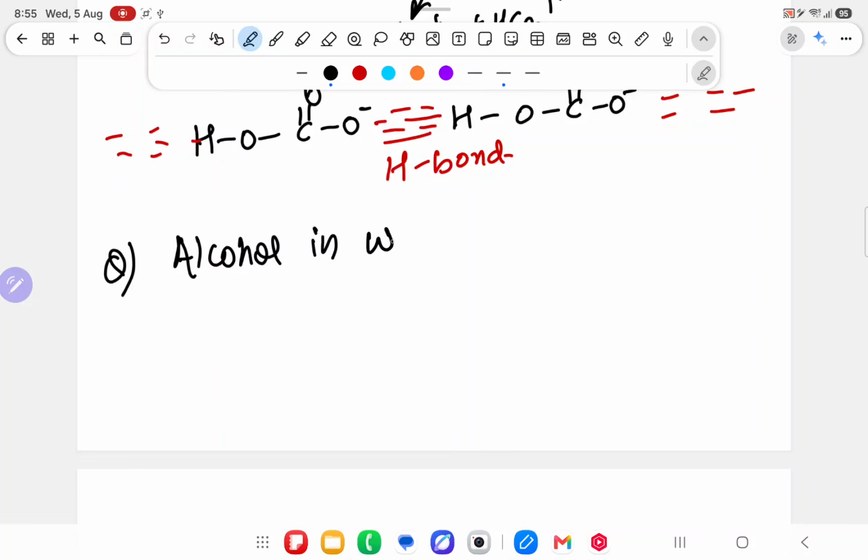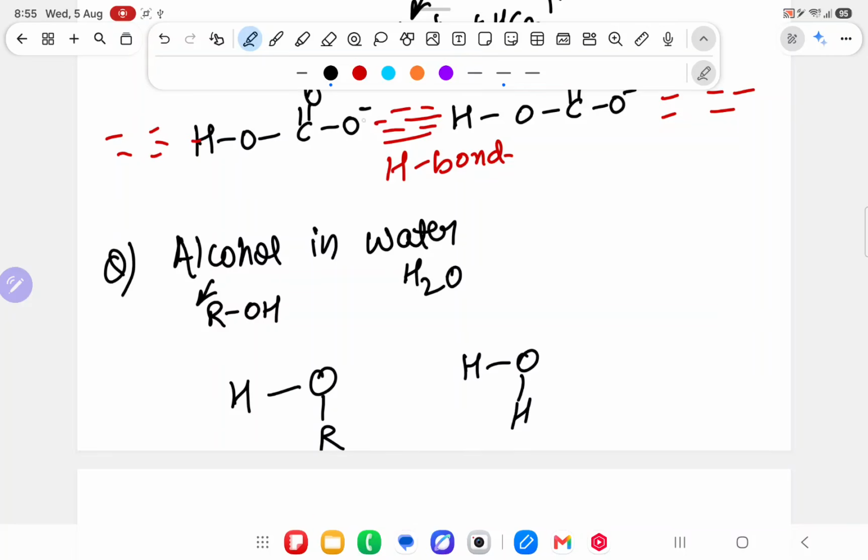Alcohol in water. Alcohol has a formula ROH, and water has a formula H2O. What happened? O, one side R, one side H, over here HOH, and here it will form hydrogen bond. If you want, you can do it the opposite way also.